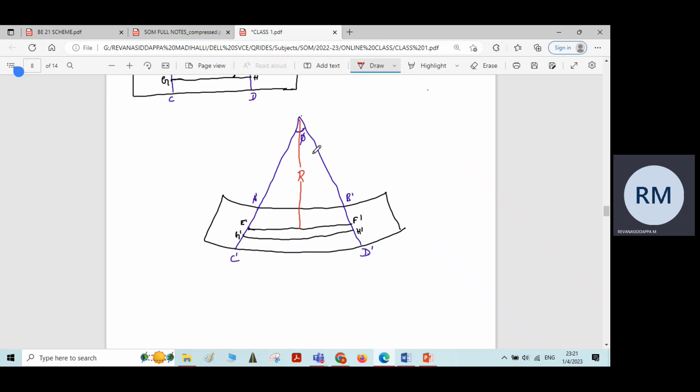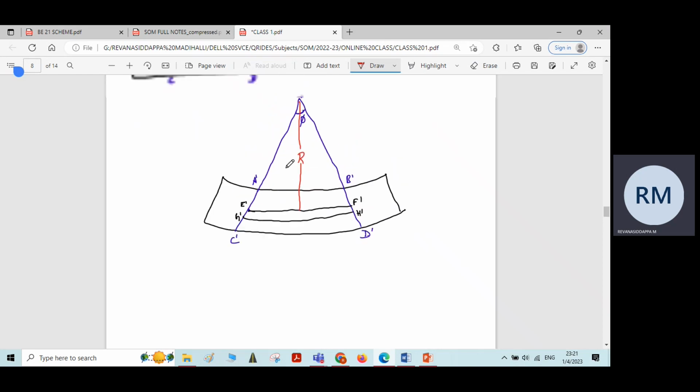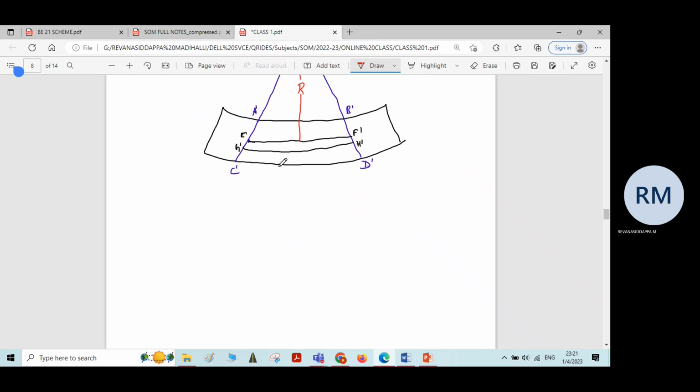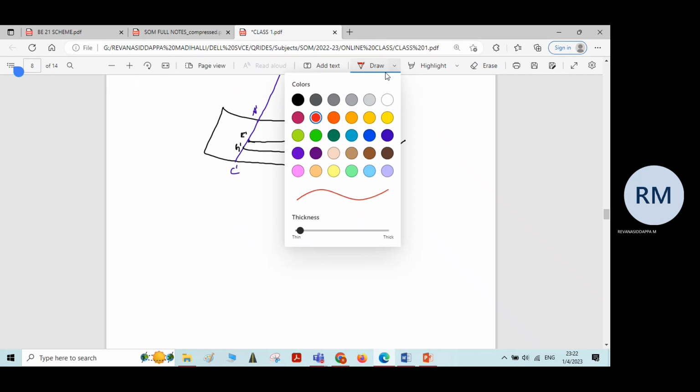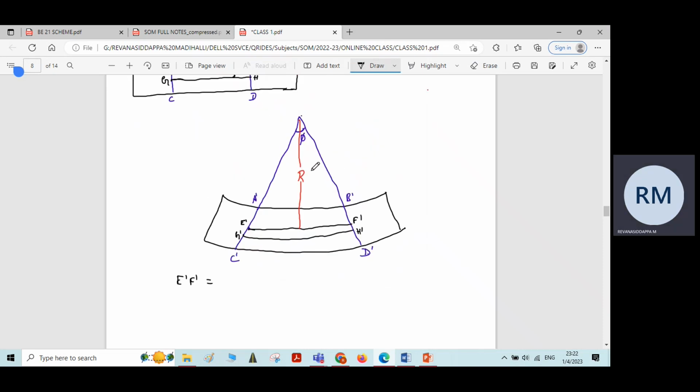Now the length E dash F dash can be measured as the length E dash F dash will be equal to the radius multiplied by angle subtended between the points E dash F dash.